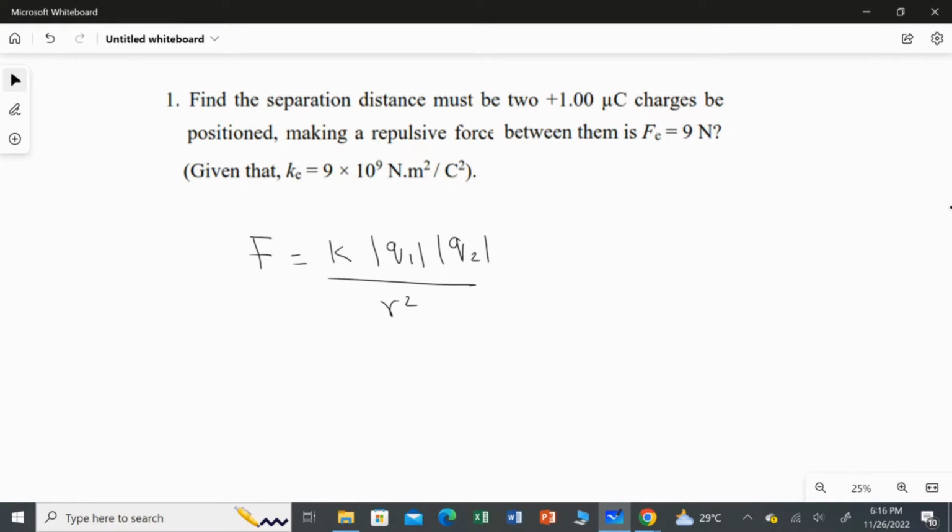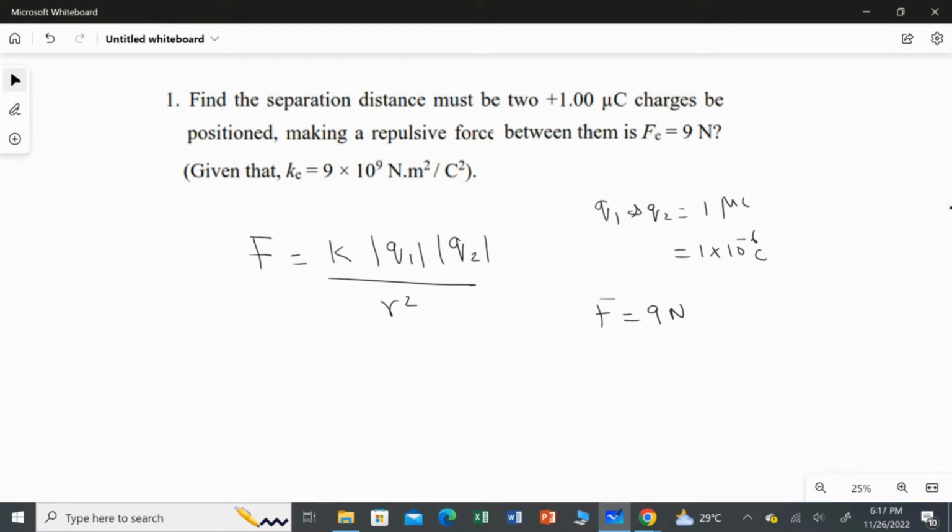Clear? So you have two charges, Q1 and Q2, with the same value of 1 microcoulomb. In terms of coulomb, you have to write 1 multiplied by 10 power minus 6 coulomb. Clear? And what's the repulsive force? The repulsive force they mentioned is 9 Newton. So now I am going to substitute the values here. Before substituting, first of all, we have to rearrange this equation in terms of distance, right?